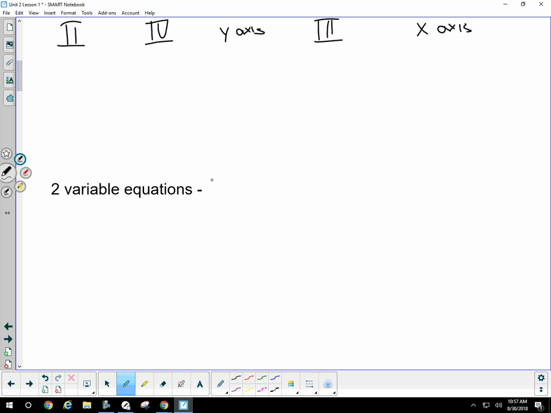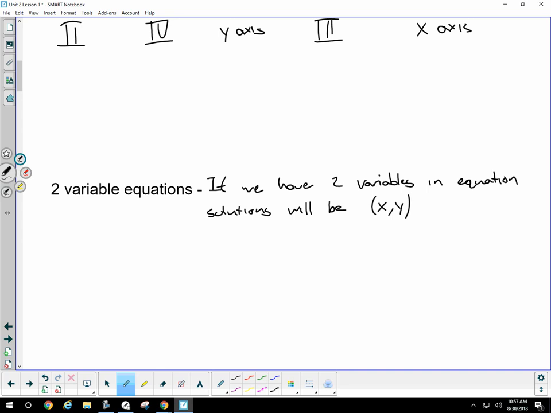If we have two variables, namely x's and y's, in an equation, the solutions will be a combination of an x and a y, not just x equals 3 or x equals 2, like what we had above, or y equals something. It has to be a combination.